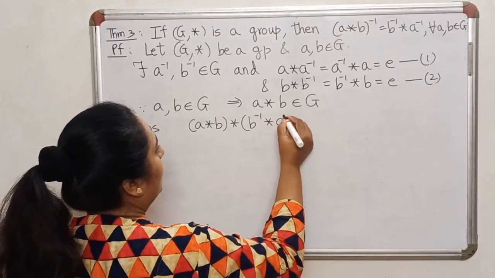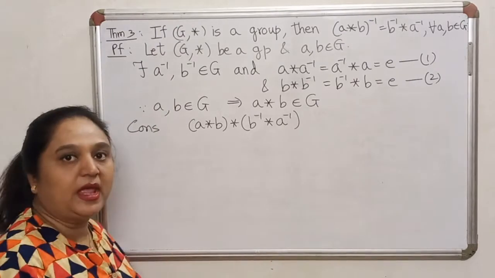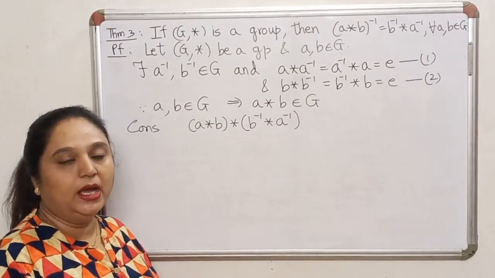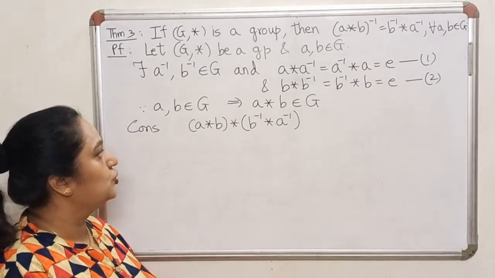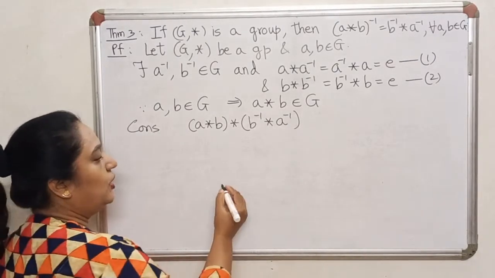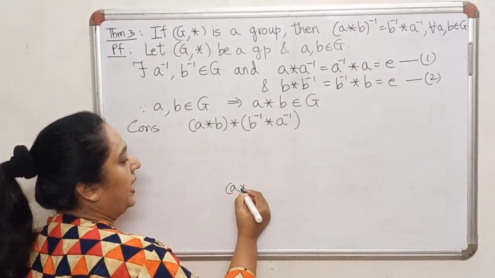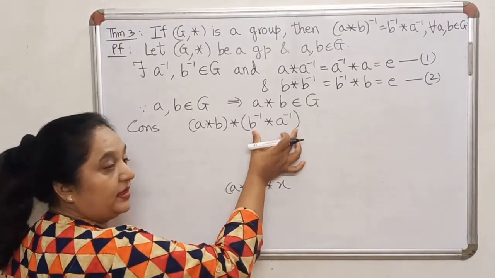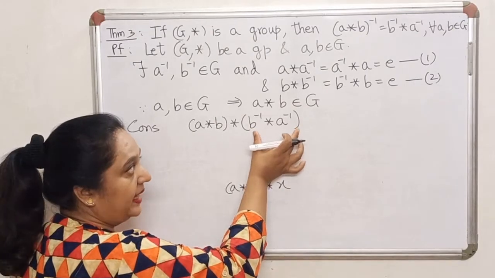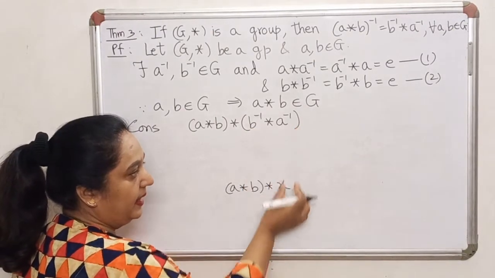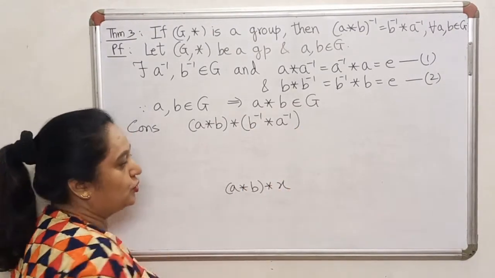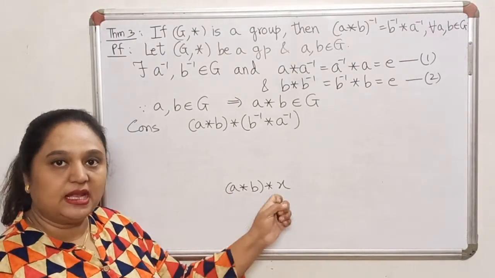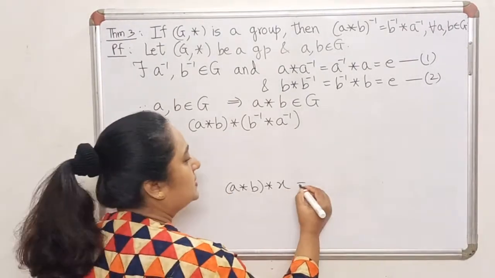(A star B) star (B inverse star A inverse). And now one has to actually use the associative property a little smartly. Firstly, let us think of this as A star B star X. So I think of this entire second bracket as X. Now this looks like a combination of three elements, and this allows me to shift the brackets.